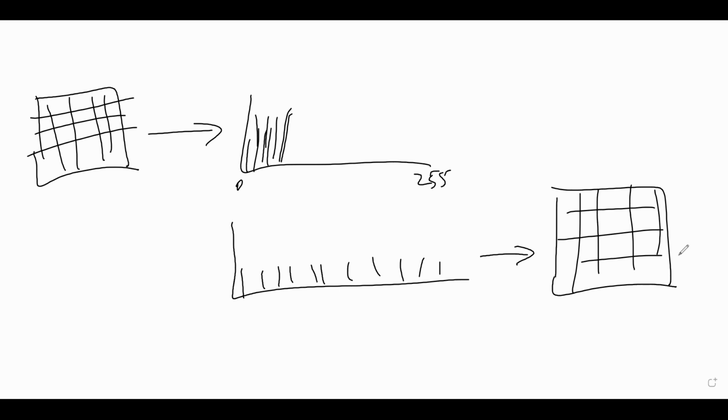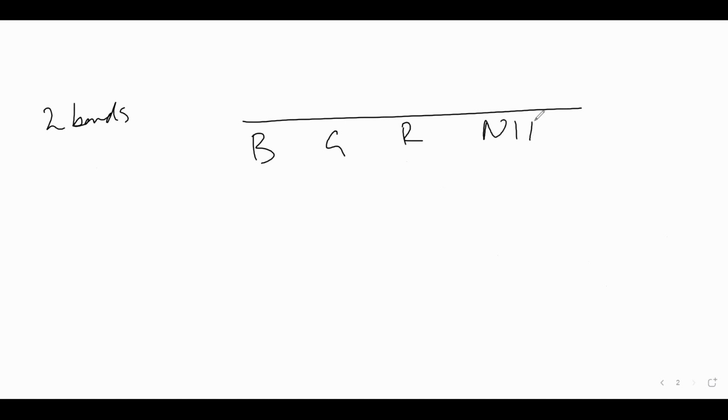We can have our band and apply filters. We can also manipulate the histogram and come up with the resultant image. We can have a case where we manipulate two bands. So we have our blue, we have our green, we have our red, and some infrared, with a band there, band there, band there, and a band there.